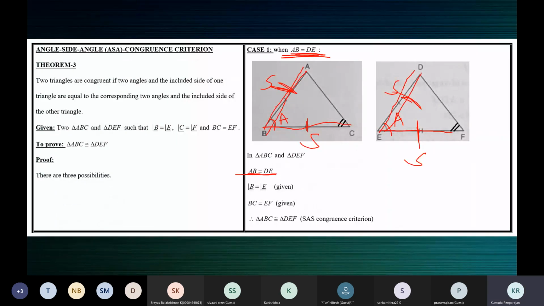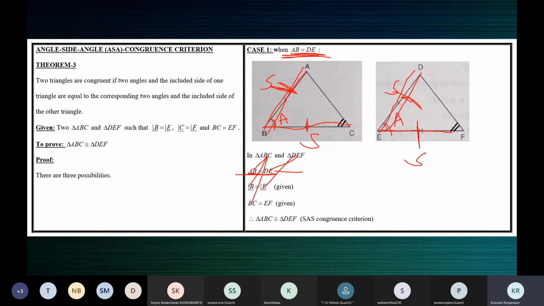So in the first case, if AB is equal to DE, then in the two triangles, AB of the first triangle is equal to DE of the second triangle, which we have assumed. Angle B of the first triangle is equal to angle E of the second triangle, which is given.